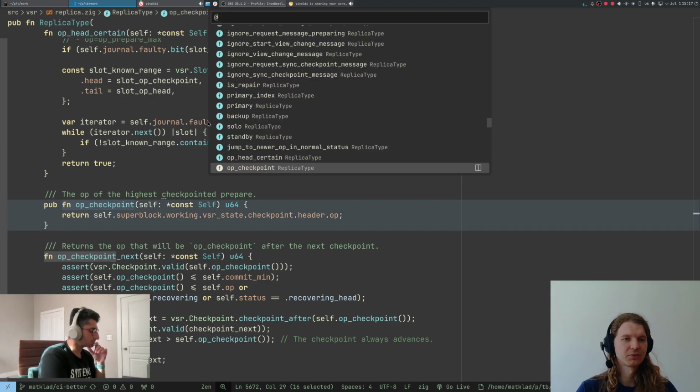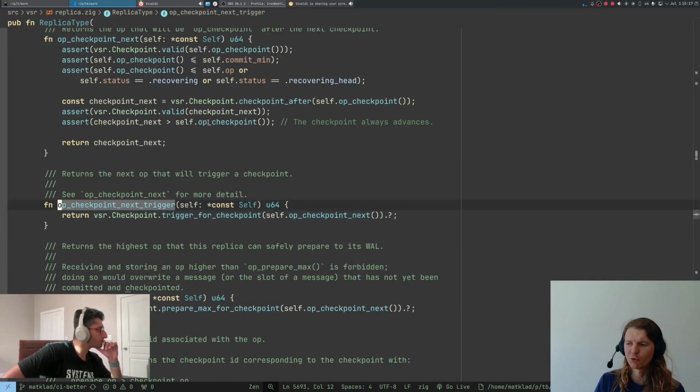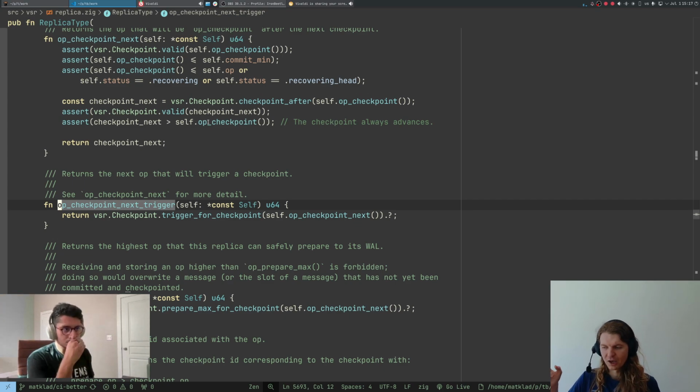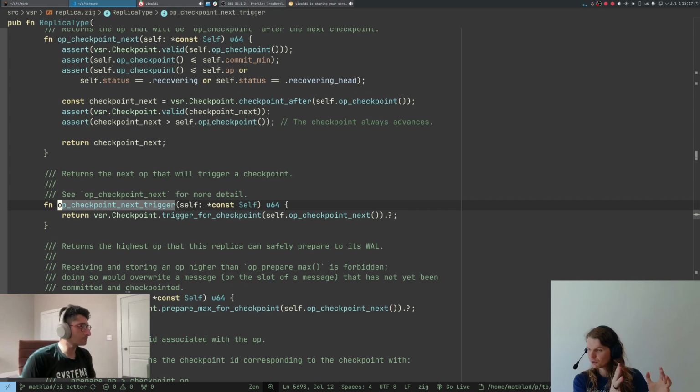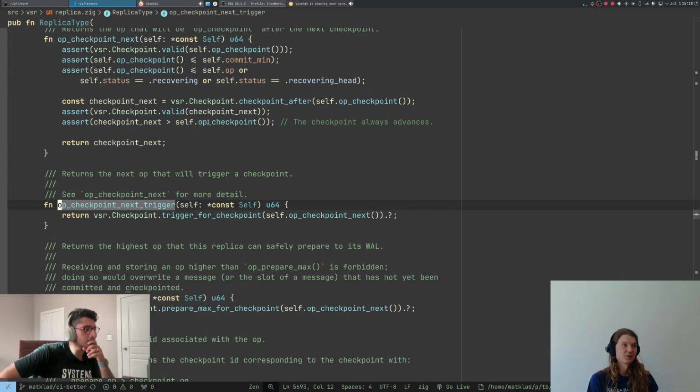And then we have checkpoint trigger, which is the op where you should start transitioning the previous batch of prepares to disk. Or rather, when you hit the checkpoint trigger, you know that the previous batch is already on disk, so you can update the superblock to point to the next checkpoint.